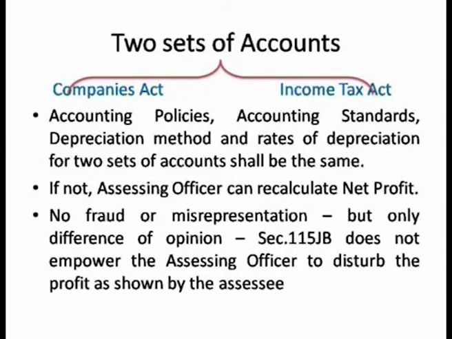As per the Companies Act, the company follows the revised Schedule 6 to prepare the profit and loss account and the balance sheet. You know, the profit and loss account shows the profit, that is the book profit, and on the basis of this book profit, rather we should say the net profit, the company pays dividend to its shareholders.